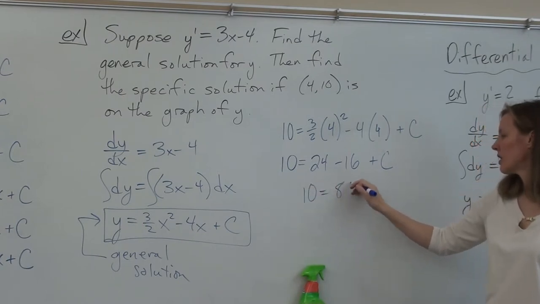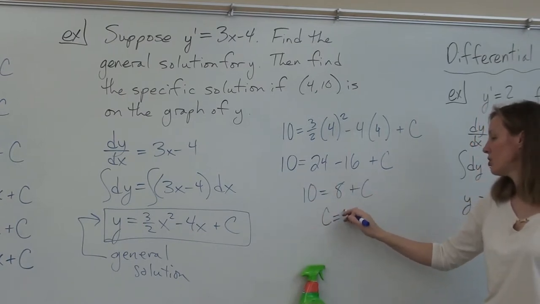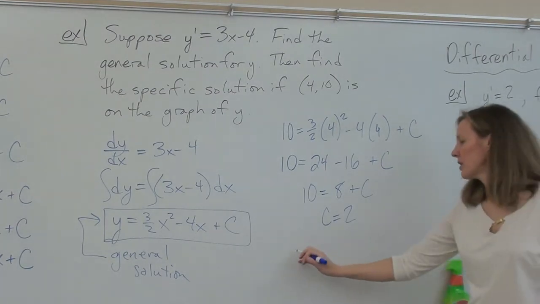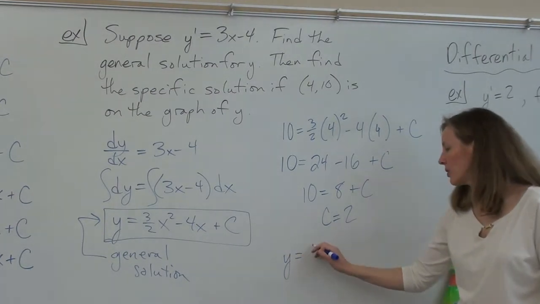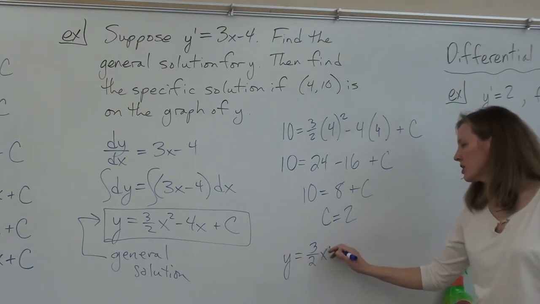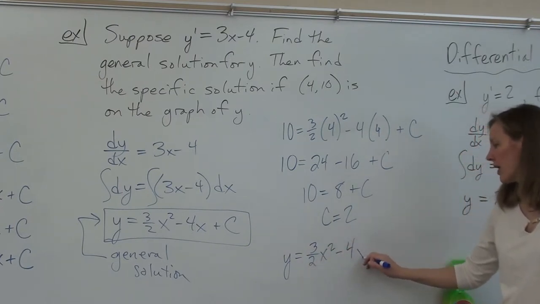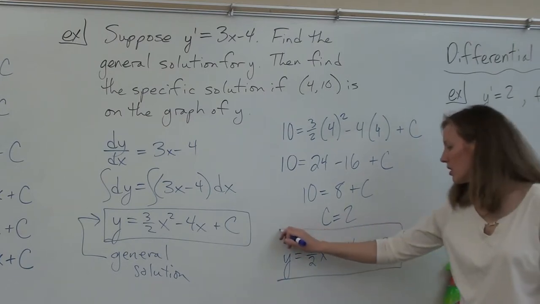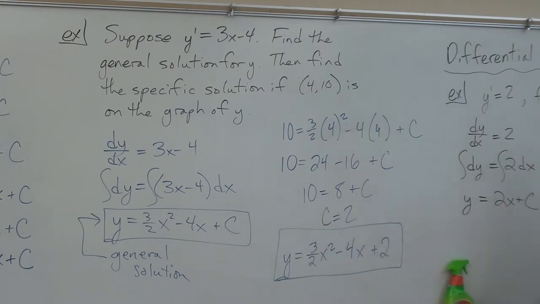So 10 equals 8 plus c, and c is 2. So our specific or particular solution would be y equals 3 halves x squared minus 4x plus 2. Does that make sense? So you're just given a little bit more information so that you can solve for c.